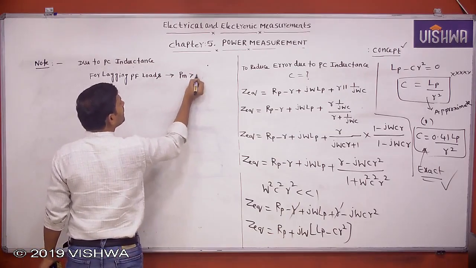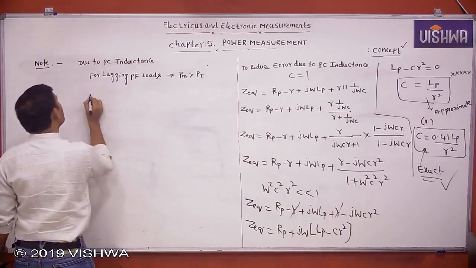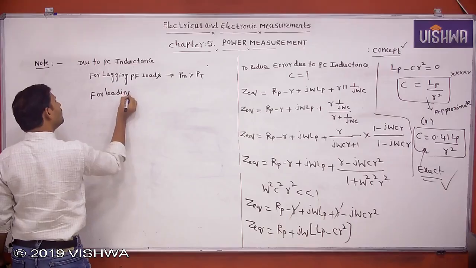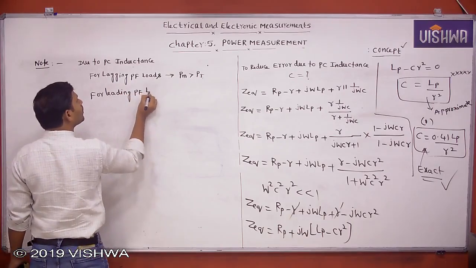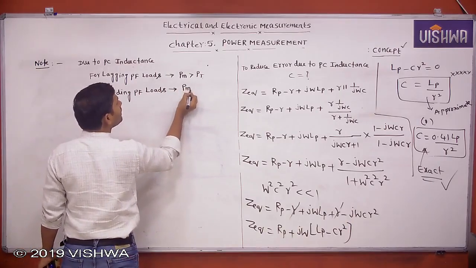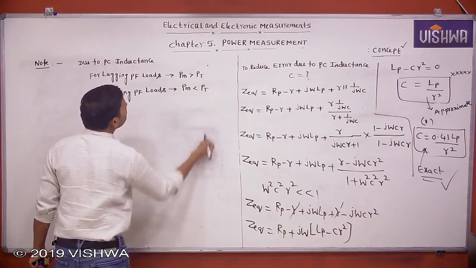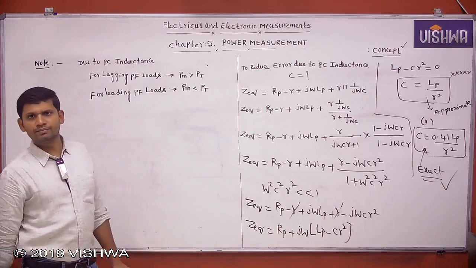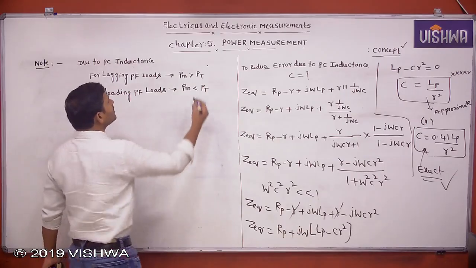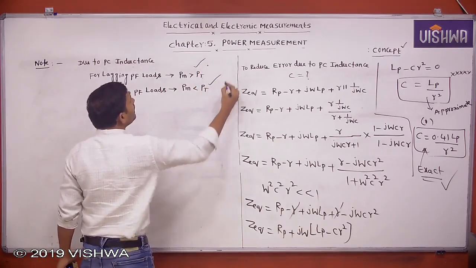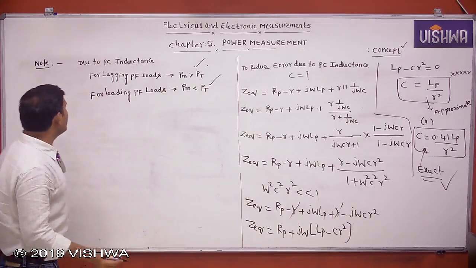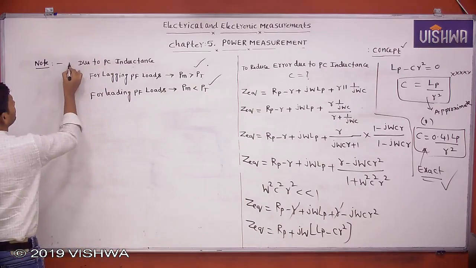Measured power is greater than true power. For leading power factor loads, what we are getting? Measured power is less than true power. This is because of the pressure coil inductance.